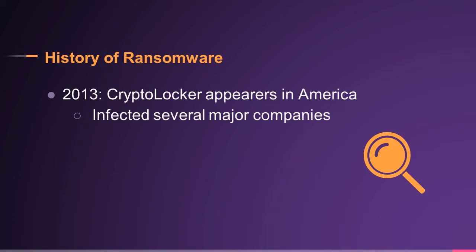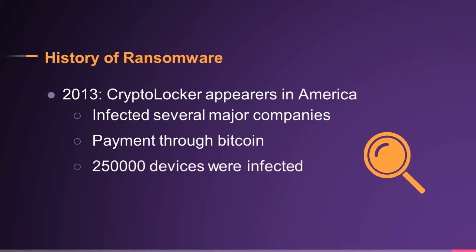The locker variants started to use scareware tactics, and the ransom was easily paid, but they were able to affect a large number of devices throughout the country. These variants were starting to use payment through Bitcoin, which makes it harder to track the attackers, and it is estimated that over 250,000 devices were infected by this variant.